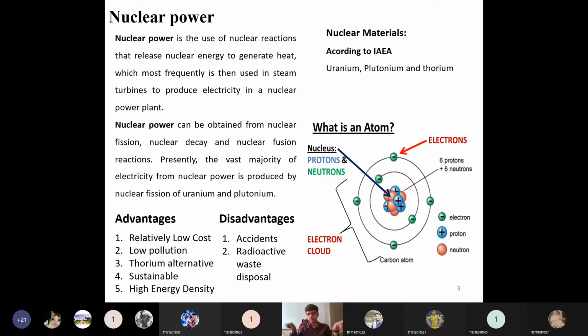The electrons revolving around the nucleus have a net negative charge. Electrons and nucleus stay intact because of the electrostatic force, or simply the Coulomb force. So these are the atoms.